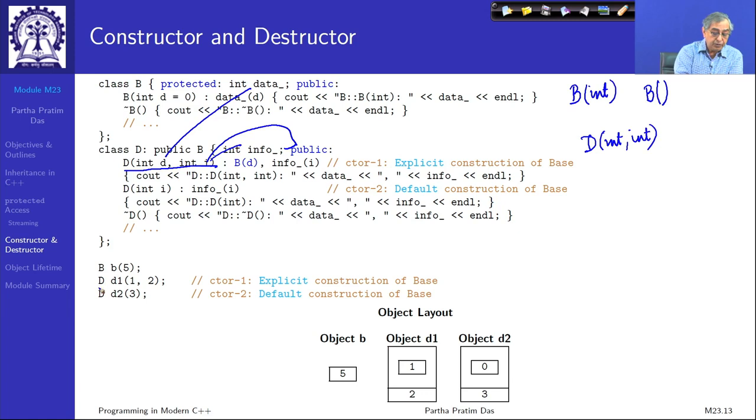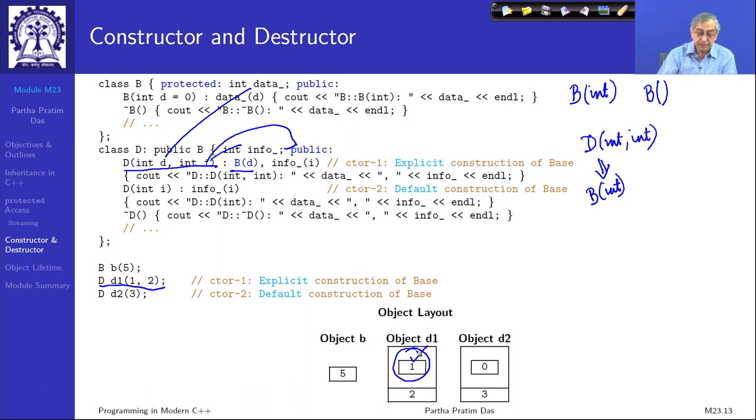If I am doing it for, say, D1, which I have called with 1, 2, I have to first construct this part of the object, the instance which is embedded. So, from here I am calling B int.